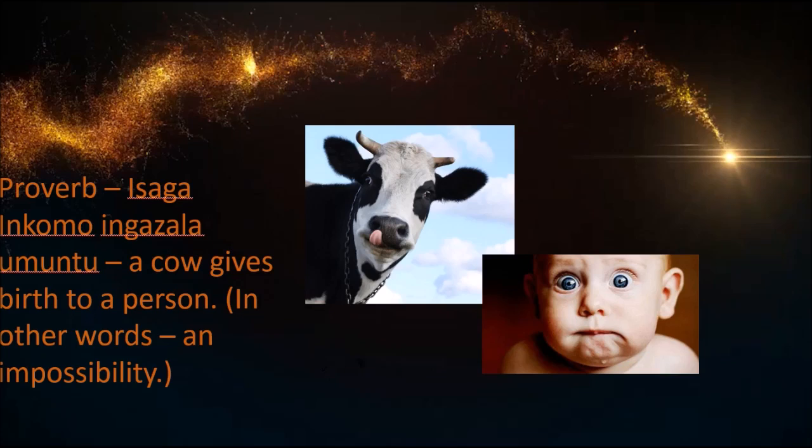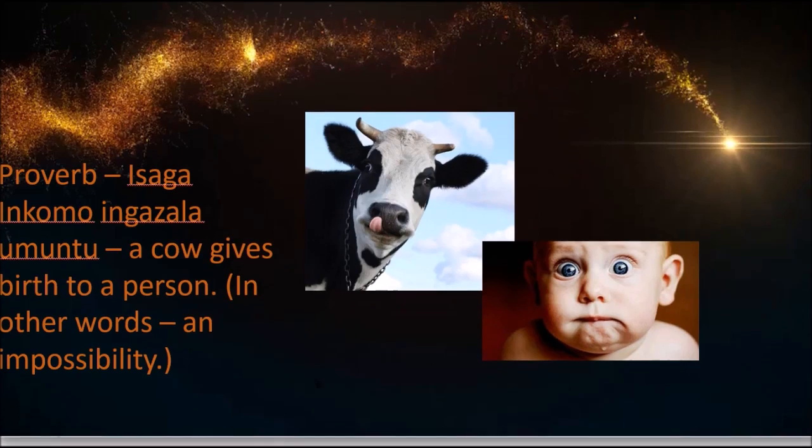Then here, as I usually do at the end of every basic isiZulu lesson, I try to give something more enjoyable, less boring, more interesting, and I usually give an idiom or a proverb. So here's a proverb which in Zulu is called isaka. Inkomo ingazala umuntu, which literally means a cow gives birth to a person.